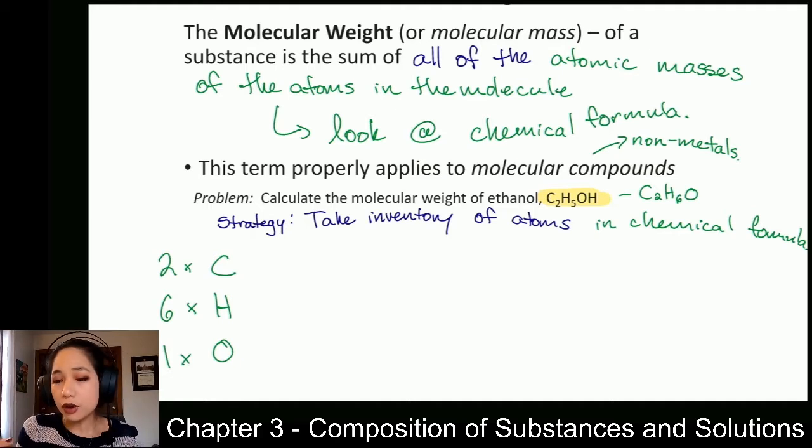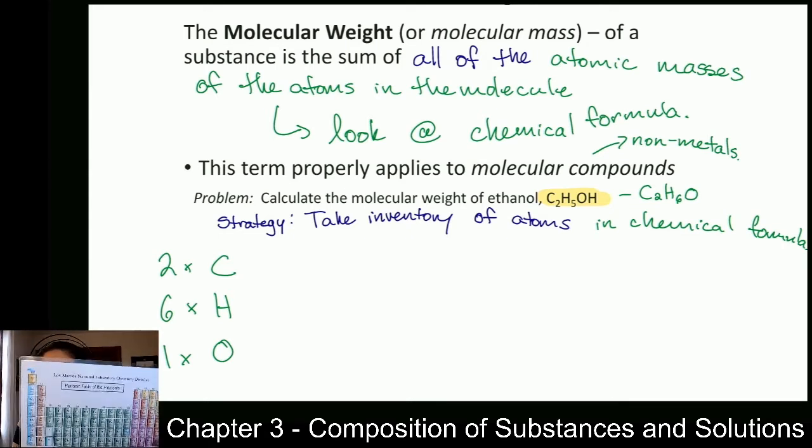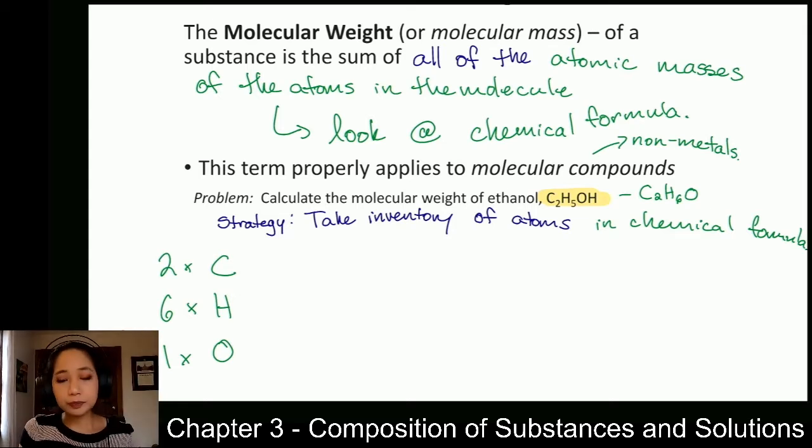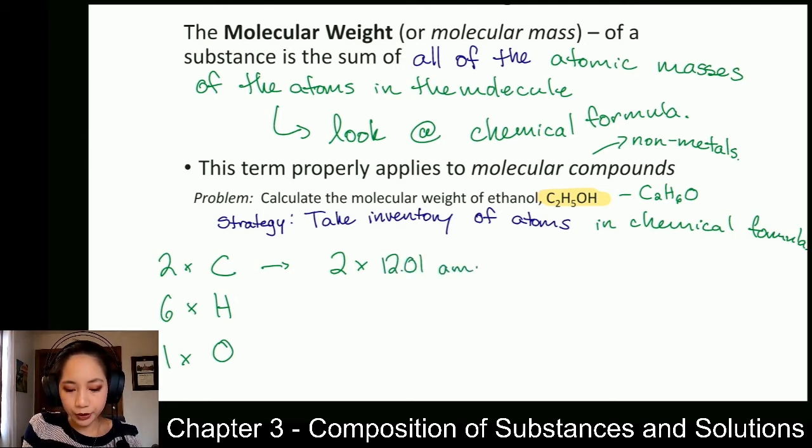With each of those atoms, they all have a specific atomic weight as indicated on the periodic table. So now we will use our periodic table and associate those atomic masses with the correct atom and take into account how many of each atom there are. Since there are 2 carbons, we're going to do 2 times the atomic weight of carbon, 12.01 AMU.